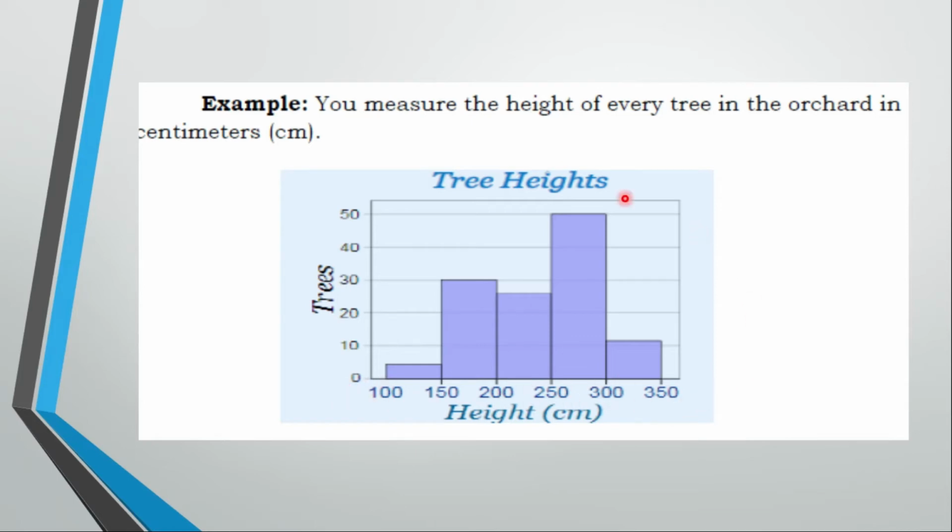So as we can see, there are 50 trees with the height of 250 to 300 centimeters, and there are 30 trees which measures 150 to 200 centimeters. Yan. So, pinakamadami yung trees na nagkaka-measure ng 250 to 300 centimeters, as we can see in this histogram.